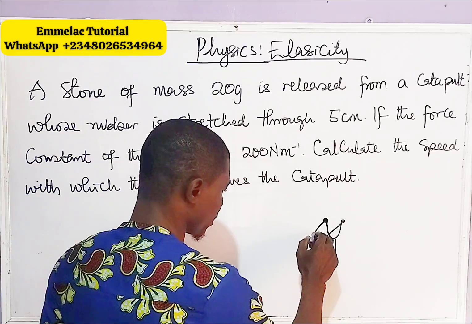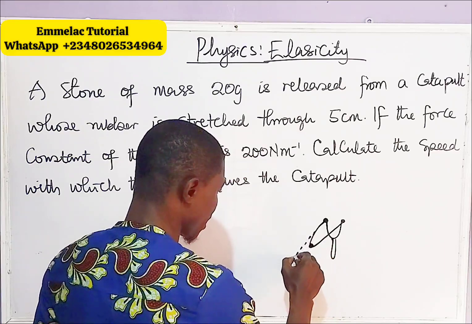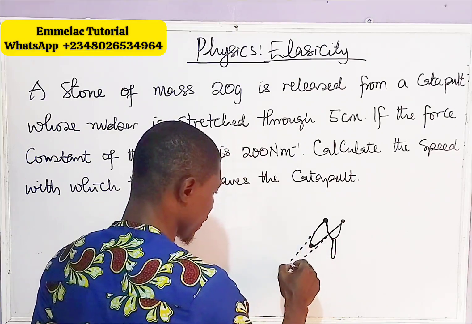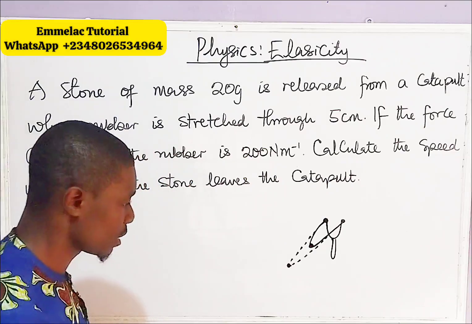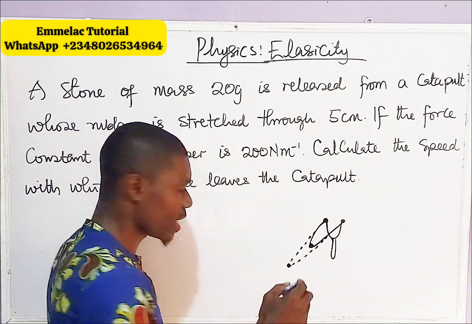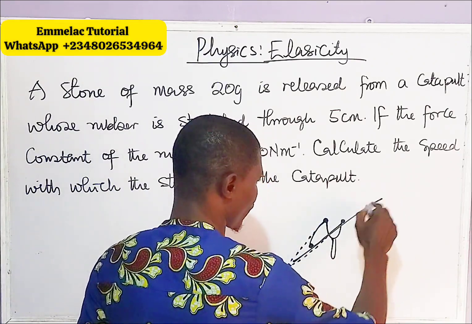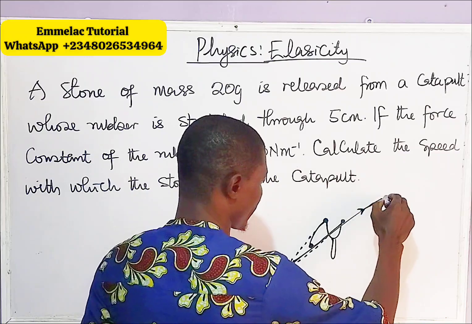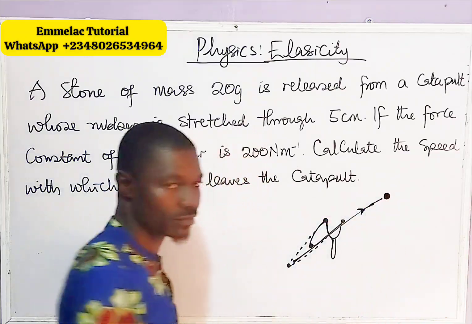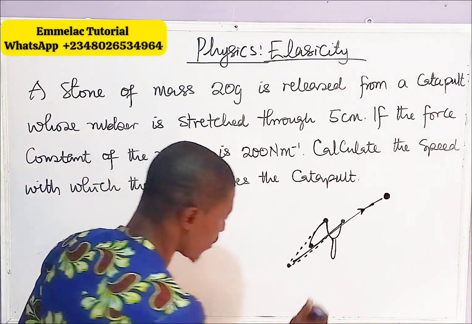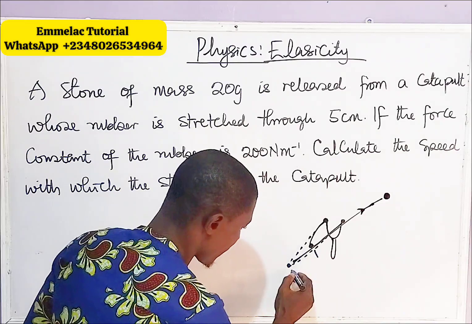Now by stretching, there is an extension of the wire to this point. Okay, so before I fire, and as I fire, it flies. Okay, now, so take note of this extension from here to here.